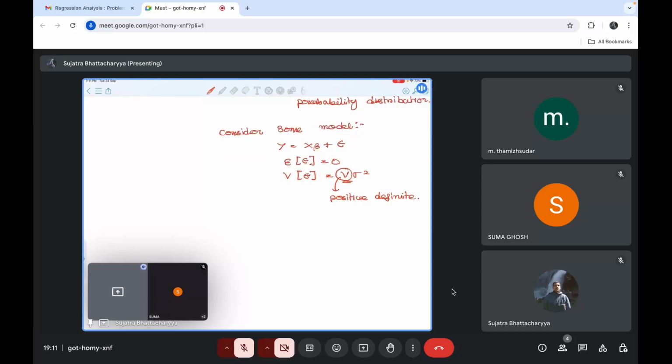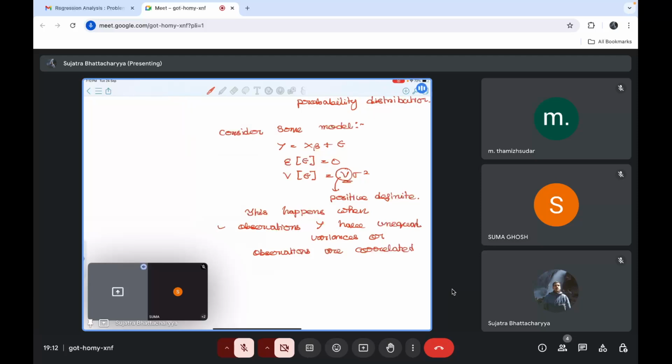Now, when does this kind of thing happen? This happens when observations Y have unequal variances, or observations are correlated.